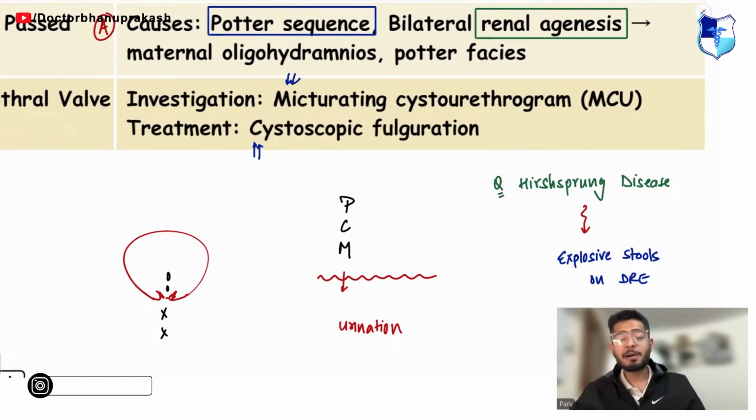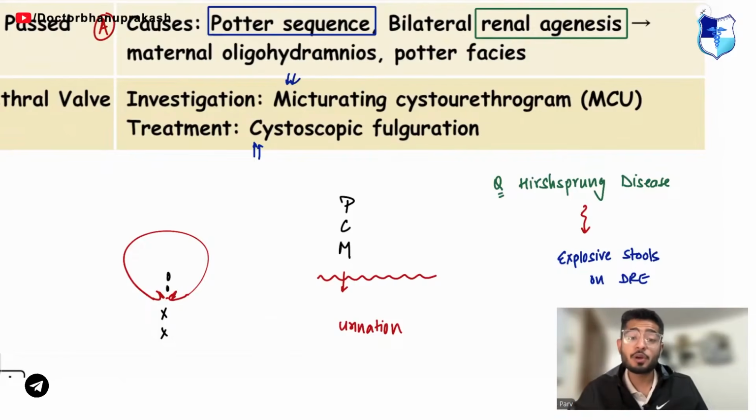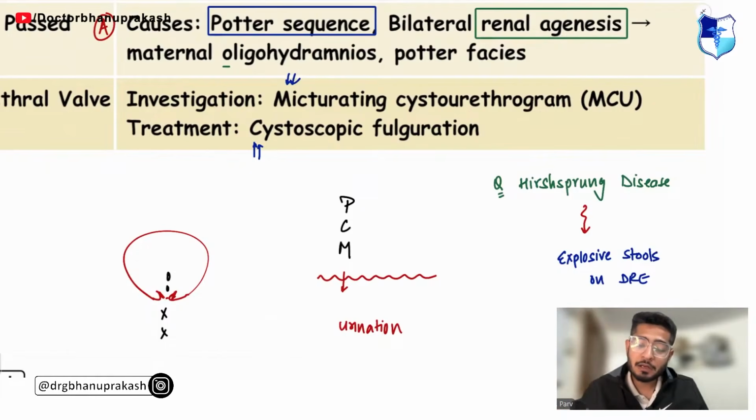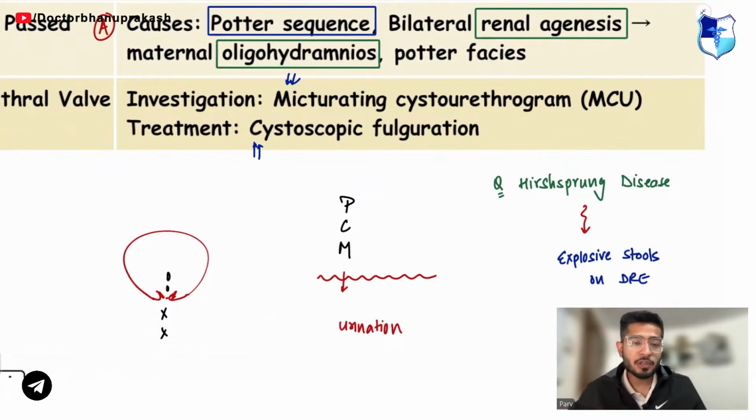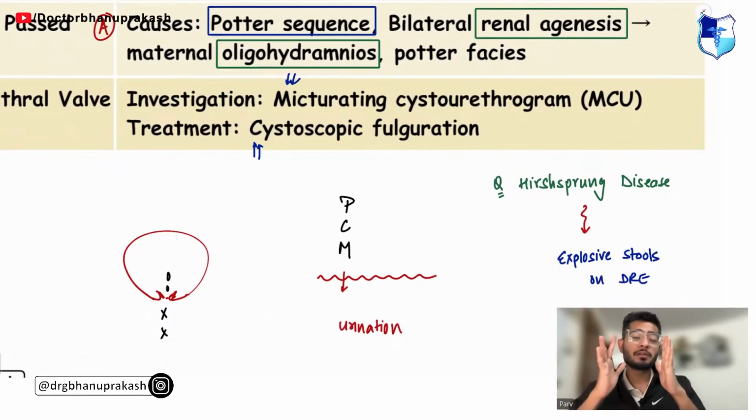There is no kidney. Then you know very well that the amniotic fluid is because of urination. Now if there is no kidney, there is going to be maternal oligohydramnios, and that is why the child is going to get no fluid around them.